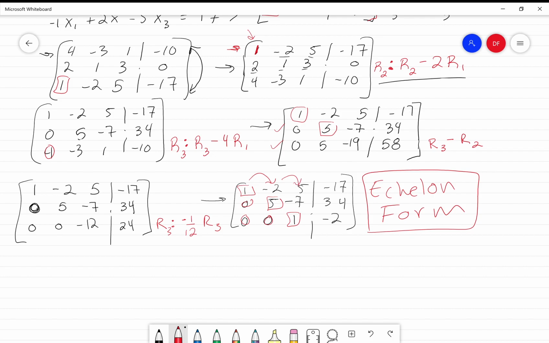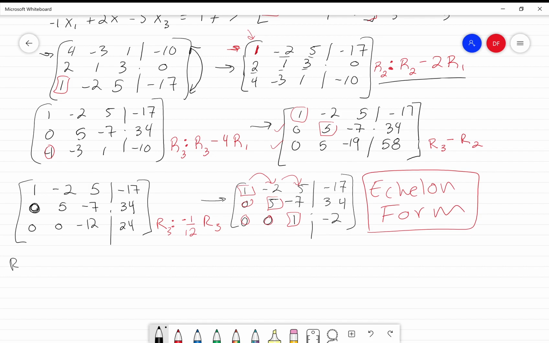So this is echelon form. Now to make this reduced echelon form, all of the leading entries need to be 1, and above a leading 1 needs to all be zeros. Okay? So here's how I do that.